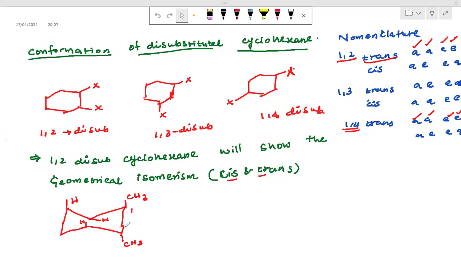This is my 1, 2, 3, then 4, this hydrogen 4. So that is the interaction that takes place, 1,4 carbon hydrogen interaction.